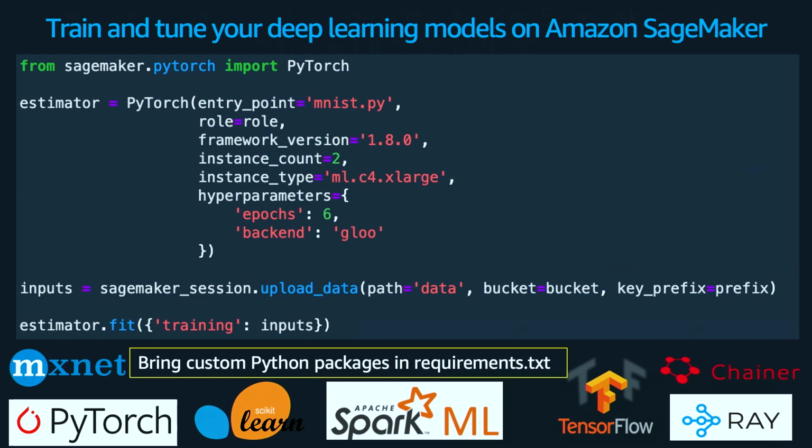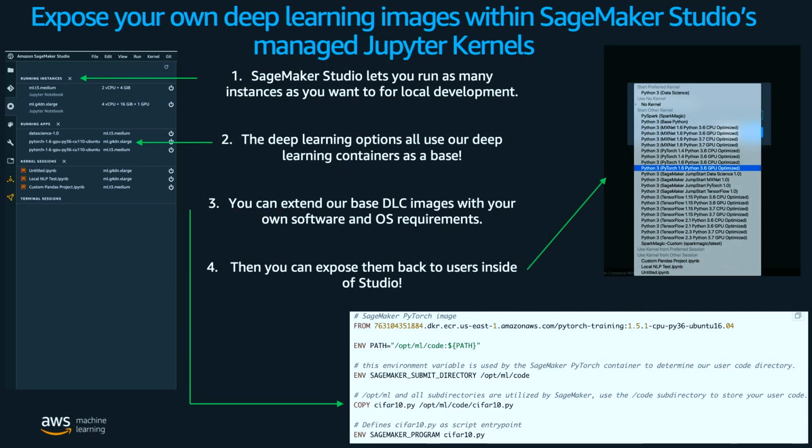Now, the next way you can actually use deep learning containers within SageMaker is a couple fold. So one, the deep learning containers are actually available already through SageMaker Studio. So within Studio, when you're turning on kernels, when you're launching a TensorFlow kernel or a PyTorch kernel, what's actually happening is you're pointing to a deep learning container. You're pointing to the container for that framework version. So they're available by default.